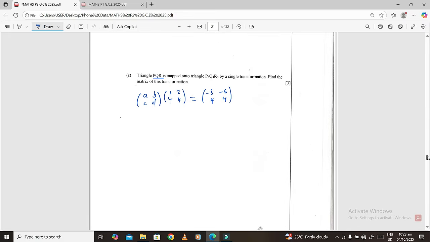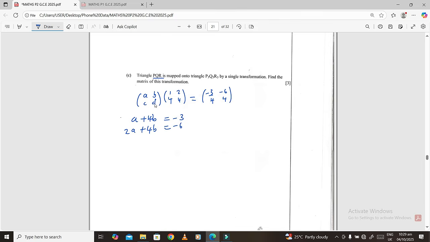Yes. So now we can now multiply these two matrices. A times 1, that is A, plus 4B. This will be equal to negative 3 here. Okay? We now come to the same by this. So that's A times 2, that is a 2A. B times 4, that is a 4B, which is equal to this one here, negative 6.